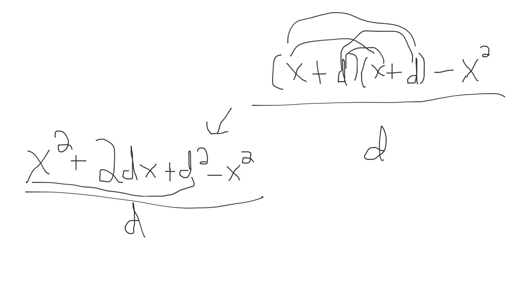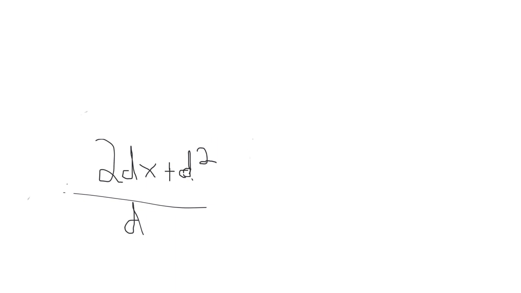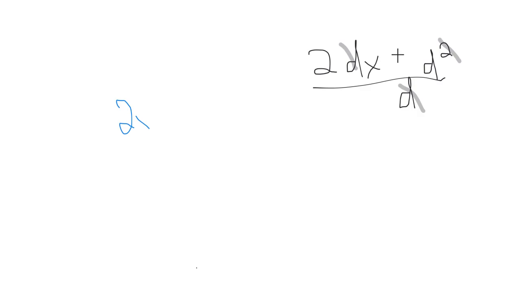Now we can cancel out x squared minus x squared, so we don't have any more x squareds on the top. Once those are gone, we can divide by d, since every remaining term has a d. Dividing 2dx plus d squared by d, I'm left with 2x plus d.